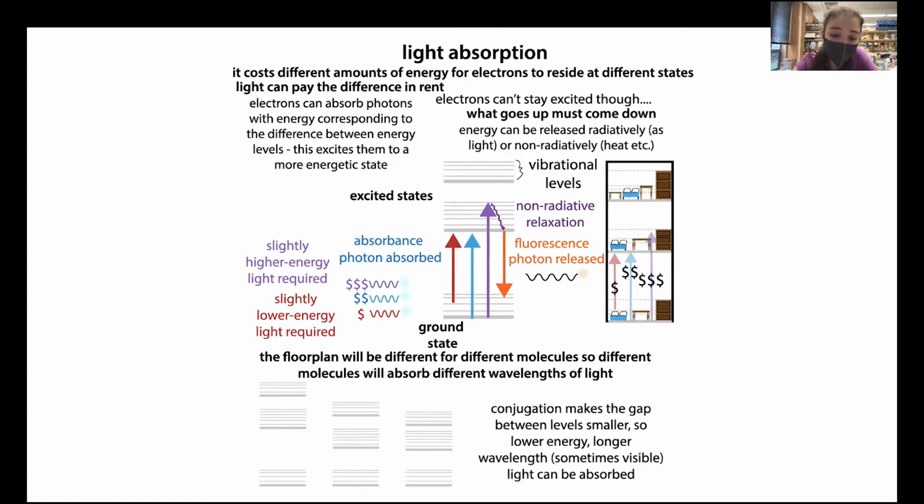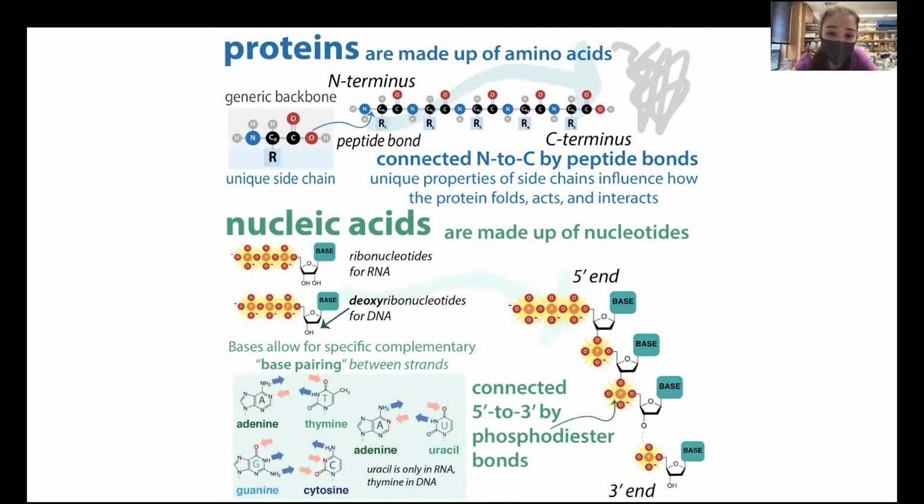And so where will we find that? Proteins and nucleic acids are two of the things we commonly look at in biochemistry to get purity and concentration measurements from spectroscopy. Proteins have these long chains of amino acids, and nucleic acids, DNA and RNA, have chains of nucleotides.